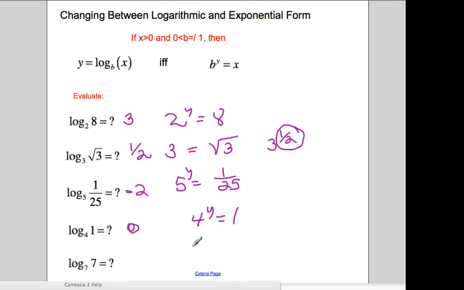And the last example is 7 raised to what power equals 7? What would my exponent be here? 7 raised to the second? No. 7 raised to the 0? No. But 7 raised to the first would give me 7.